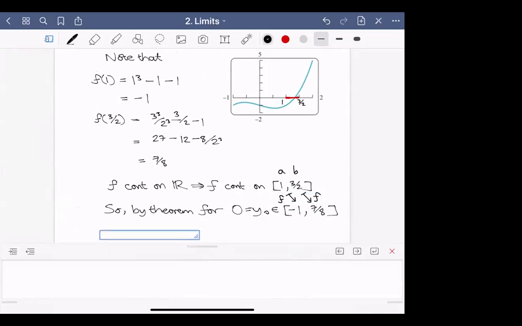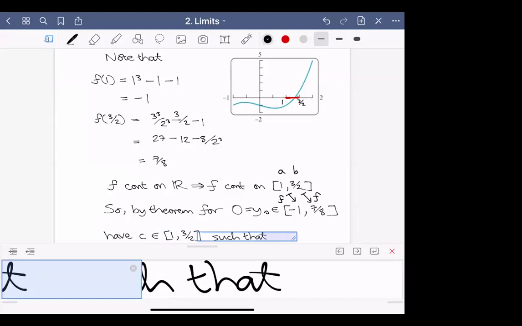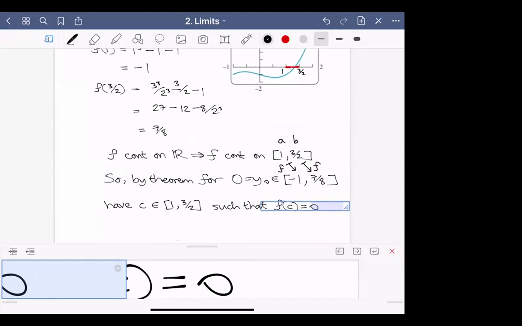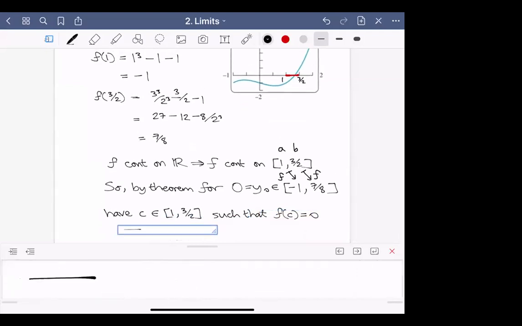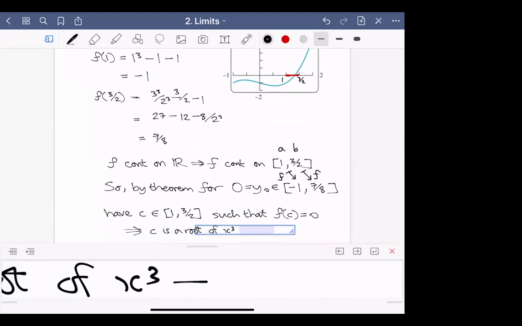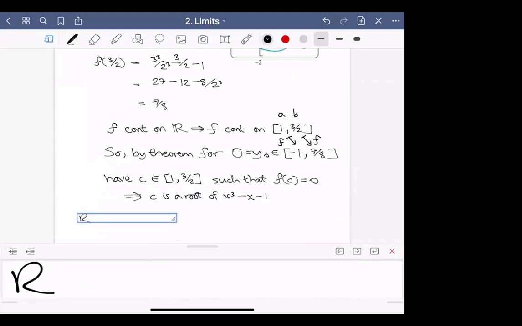And therefore the theorem says that we have c in the interval (a, b) such that f(c) equals 0. In other words, c is a root of x cubed minus x minus 1.